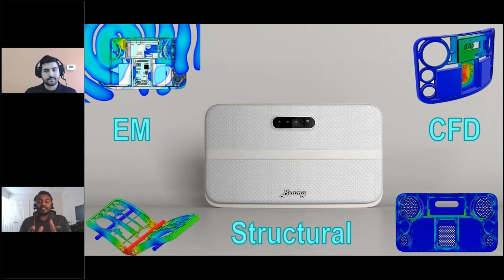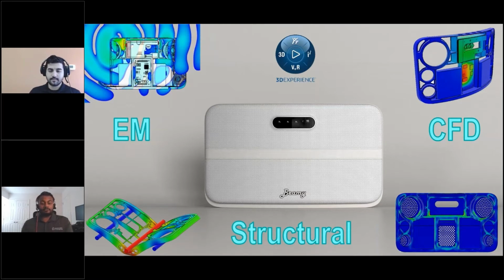What's really nice about the solution that we have on the 3D Experience platform is that you can run all of this simulation by using the same data. When we start our design, we typically start in SolidWorks, which is where we turn ideas into real products.